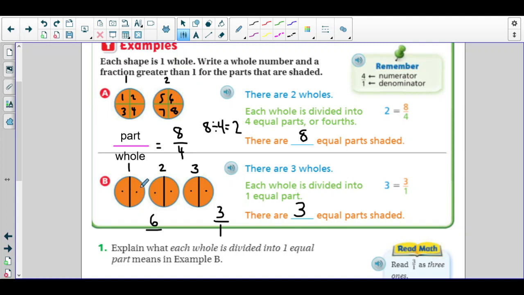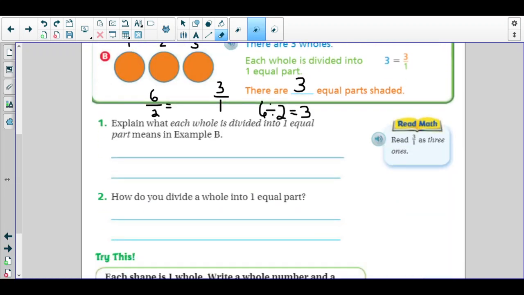They're divided into halves, or 2. So 6 over 2. What is 6 divided by 2? That's right, it's 3, which is the same answer we got right here, and the same answer we would get if we did not have those division parts.